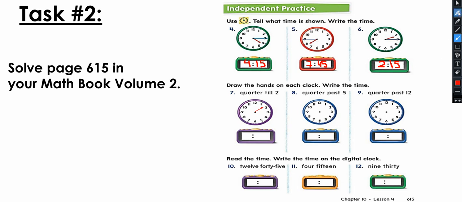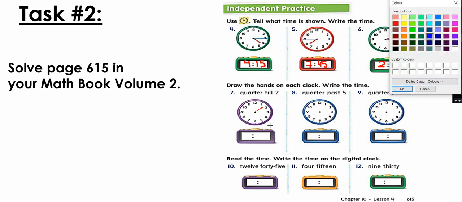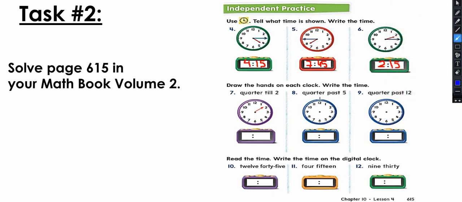And quarter till means 45 minutes. So it is quarter till 2, which means 1:45.